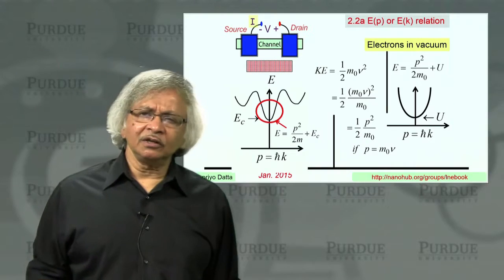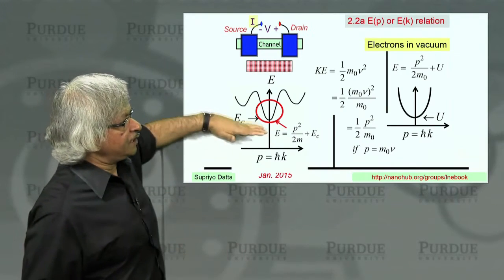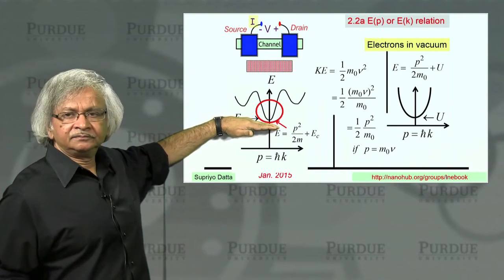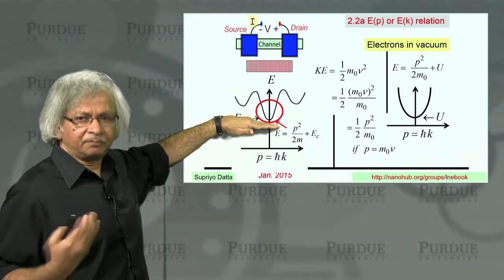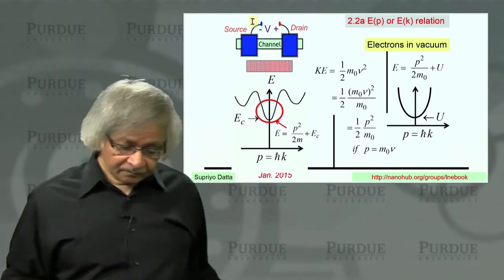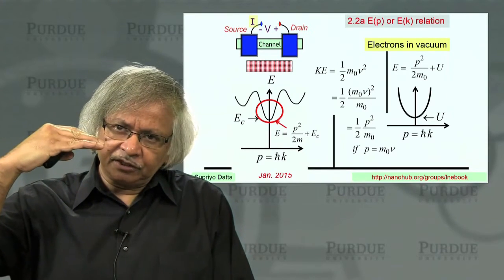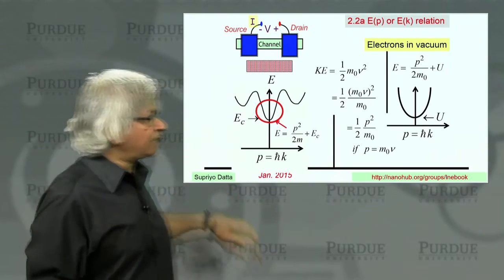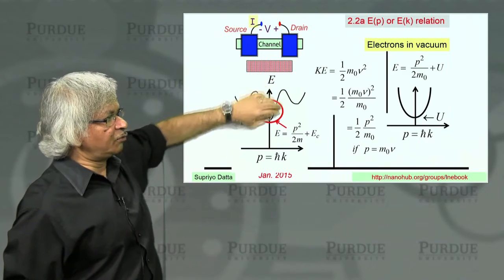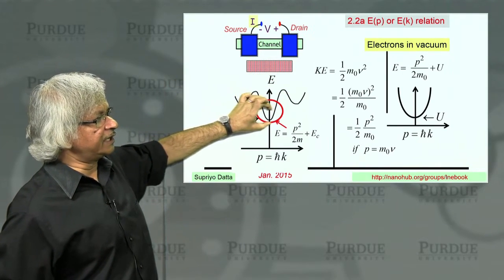Why is that useful? Well, if your chemical potential was here, then conduction processes, as we have discussed, depend on the energy levels right around the chemical potential. So energies that are far away don't matter too much. What matters is only the energies around here.